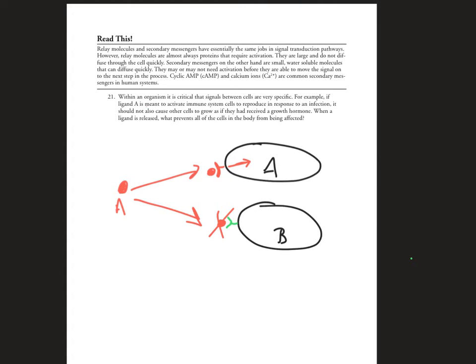That will cause this one to divide, and this one will be no division. That is because there's no receptors on B for A.